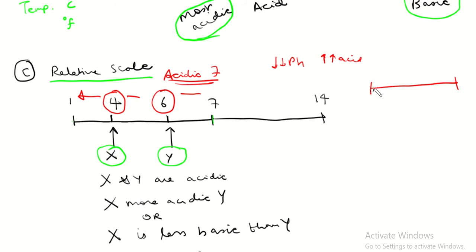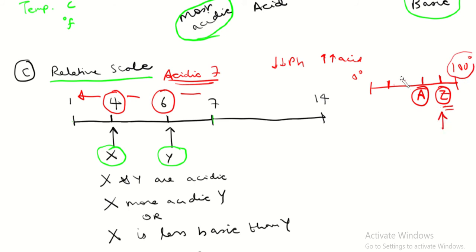Now, what does that mean? I want you to think in terms of temperature, right? So let's say this is 0 degrees, this is 100 degrees. The closer something is to 100 degrees, let's say, start with Z and A. Which one is hotter, Z or A? Z is hotter because it's closer to 100 degrees, right?